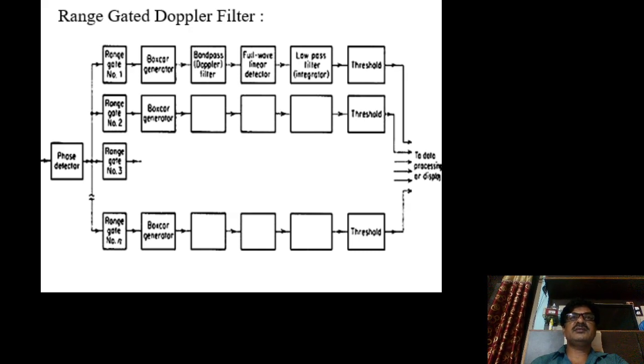What is meant by range resolution? Suppose two targets are moving with very little space, that is, the spacing between the moving targets is very small. In that case the radar is unable to resolve these two targets.